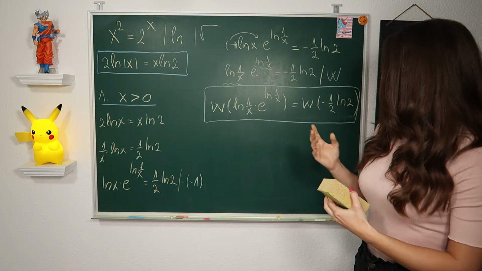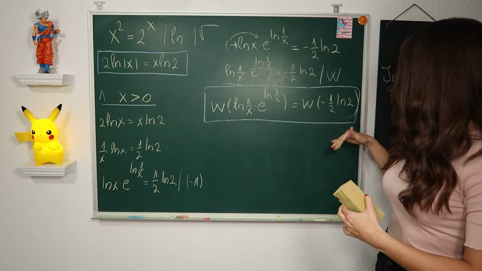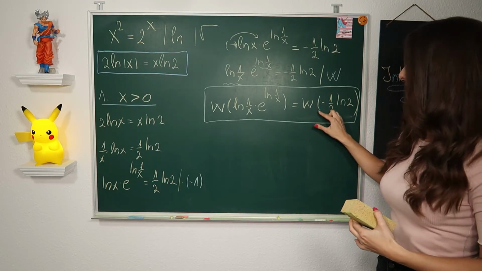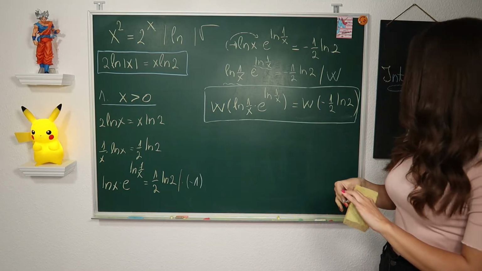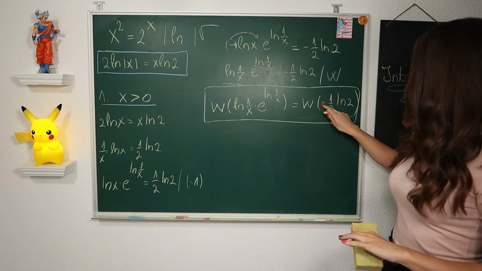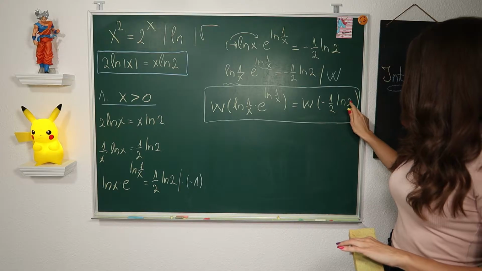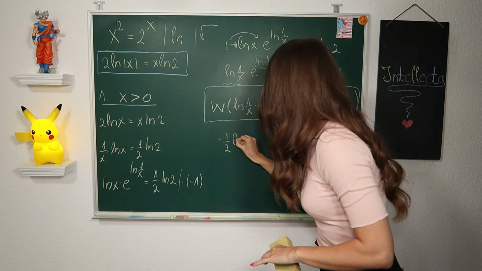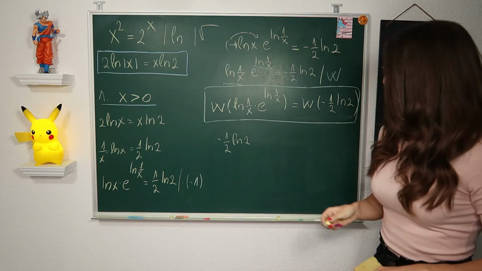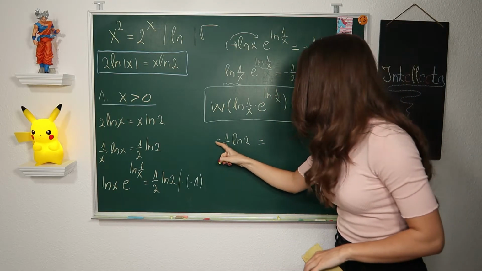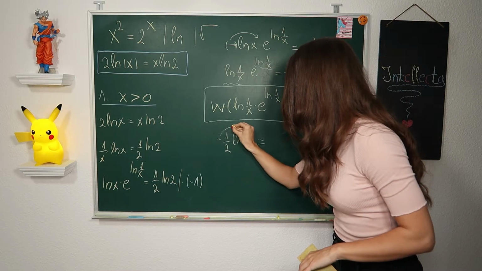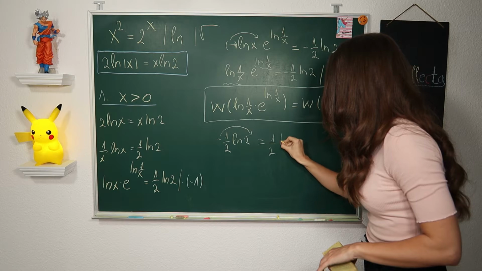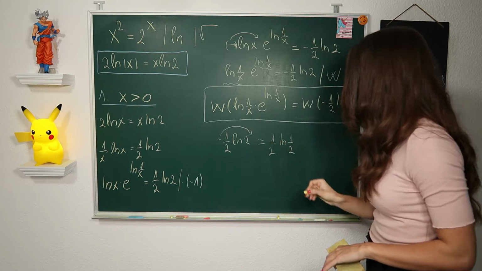You can get it if you find another way of writing out this expression here. How can we do that? You can see we have negative 1 over 2 ln 2. We can rewrite it. Here is negative 1. We can move it to the exponent, and then we have 1 over 2 ln 1 over 2.